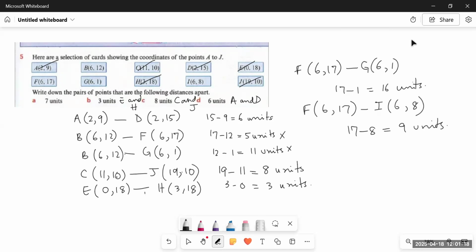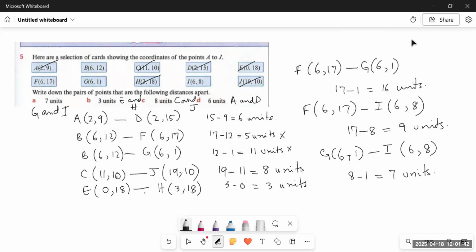So we will go for G and I. G is 6, 1, and I is 6, 8. So it would be 8 minus 1 is equals to 7 units, and this option is available. So we'll say that G and I have distance of 7 units.